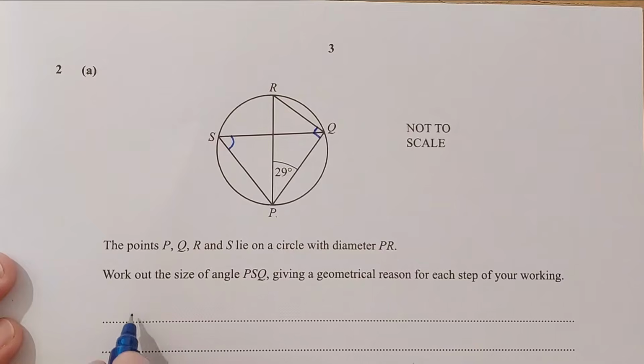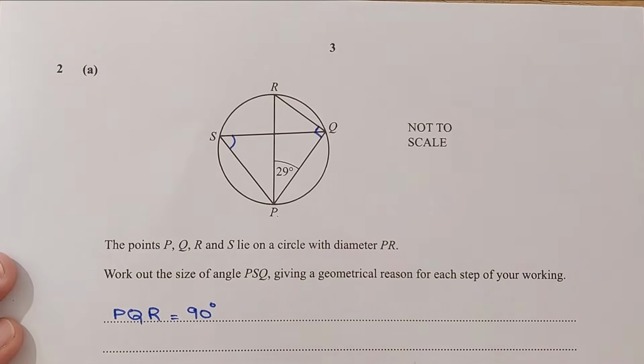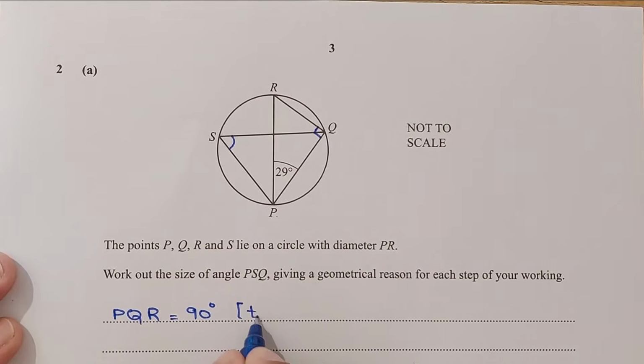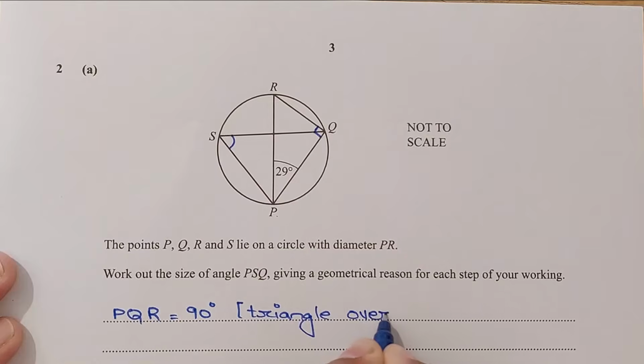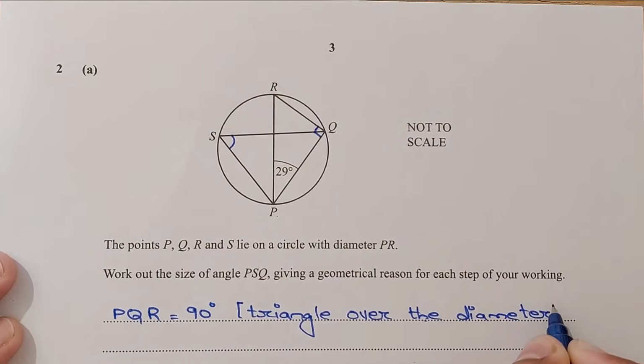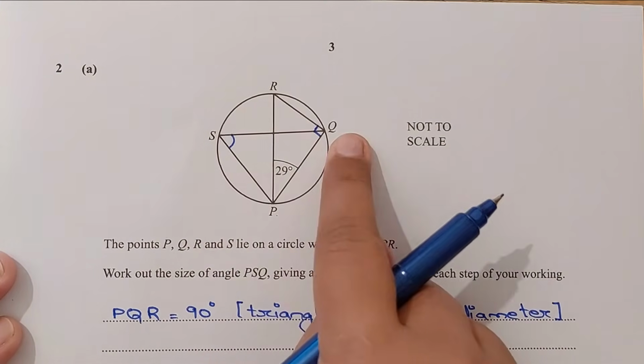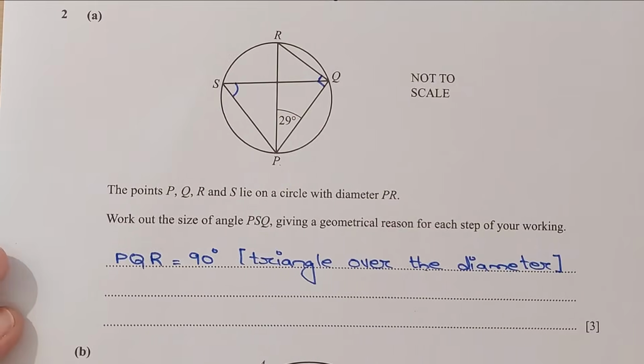So first we can say that angle PQR is 90 degrees. The reason is that the angle in a semicircle, opposite the diameter, is a right angle, since PR is a diameter.